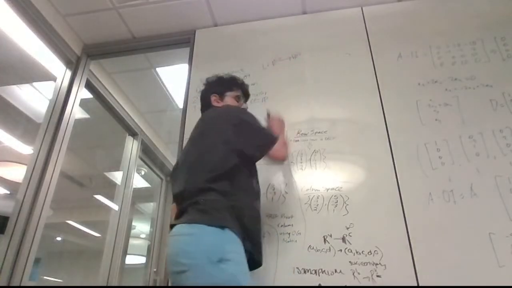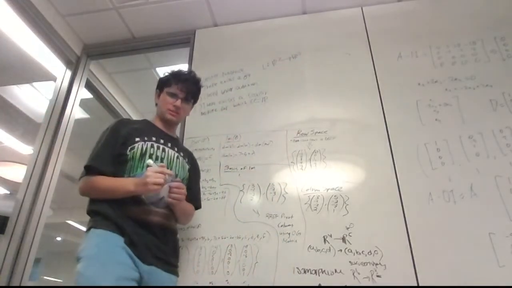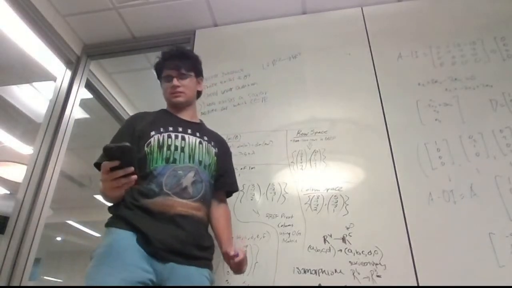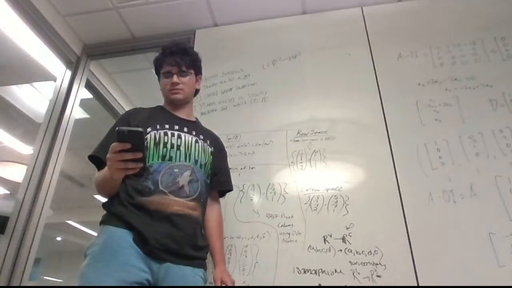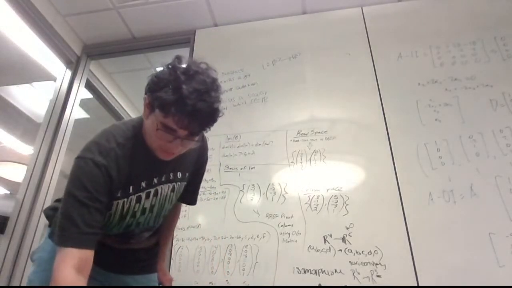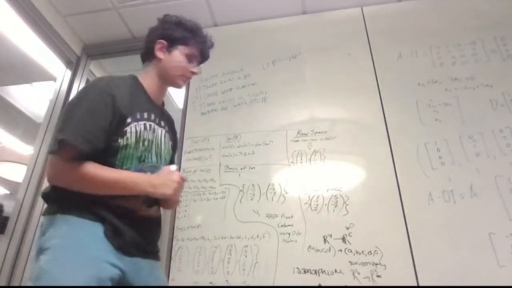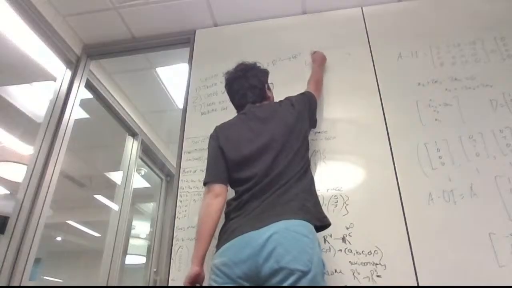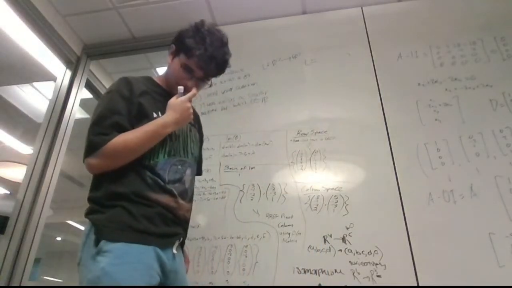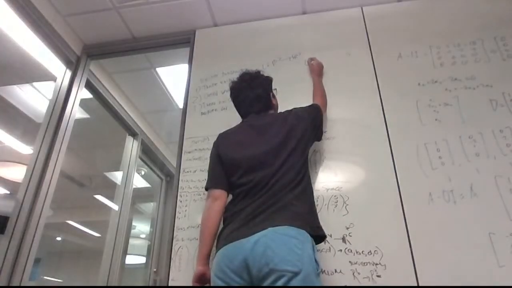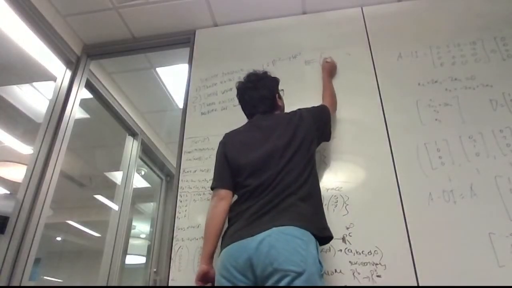So 3D to 2D, like a normal projector or something. It's pretty simple. And I guess our linear transformation would be the following.